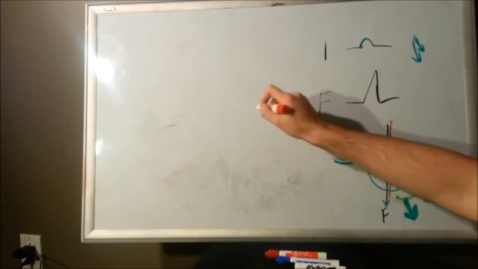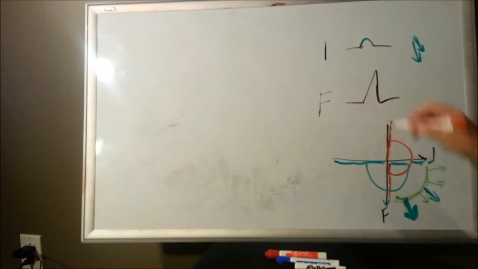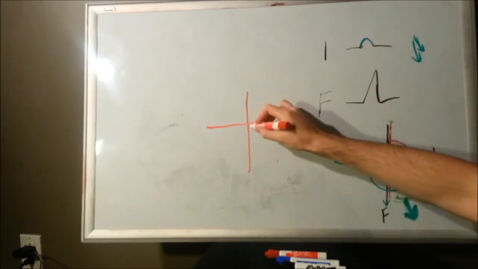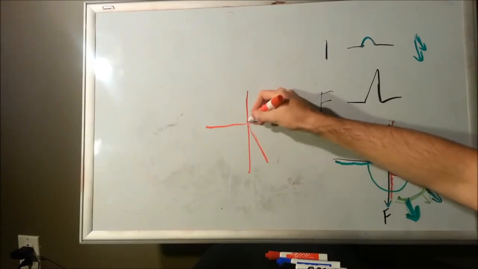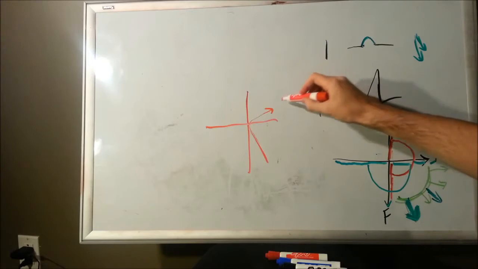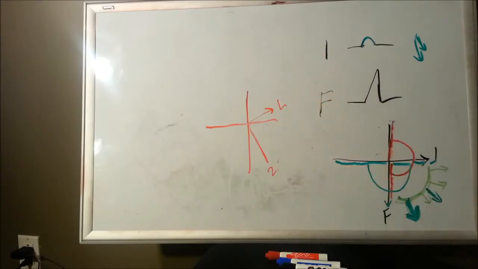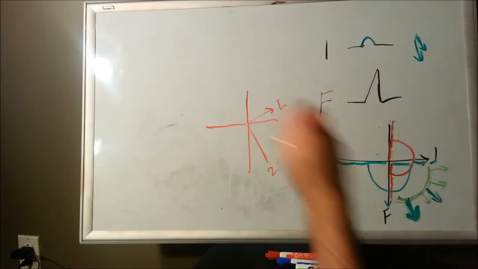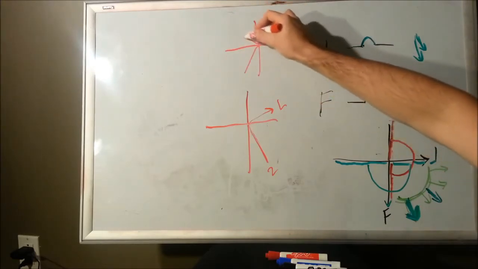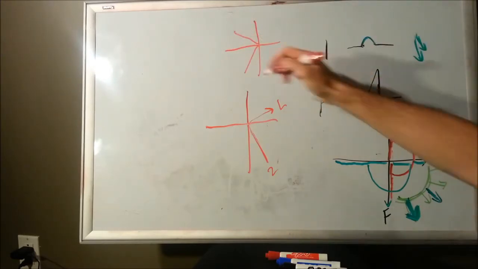So for another one, you know that 1 and F are perpendicular to each other. Likewise, lead 2 and AVL are perpendicular to each other. And finally, lead 3 and AVR are perpendicular to each other.